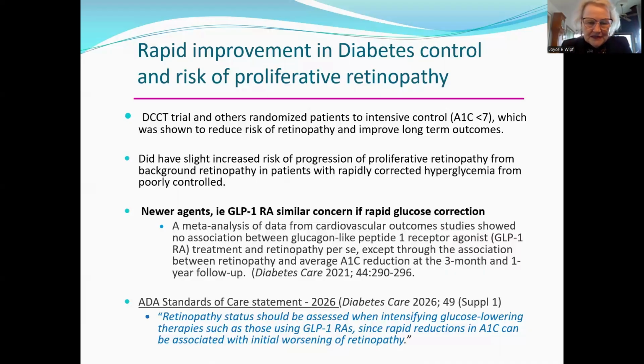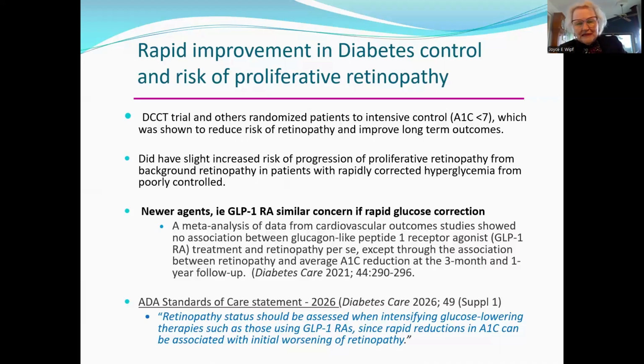So with newer agents such as GLP-1 receptor agonists, there's similar concern if that treatment is initiated and there's rapid glucose correction. So just reading here what I've listed, a meta-analysis of data from cardiovascular outcome studies showed no association between glucagon-like peptide 1 receptor agonist therapy and treatment of retinopathy per se, except through the association between retinopathy and average A1C reduction at the 3-month and 1-year follow-up.